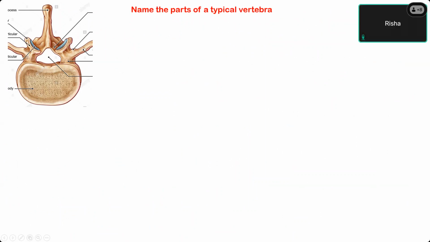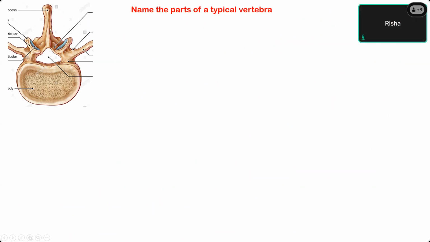Articulating facet. And this is the transverse process. Pedicle and transverse process are in continuation, the whole thing from the transverse process up to this.